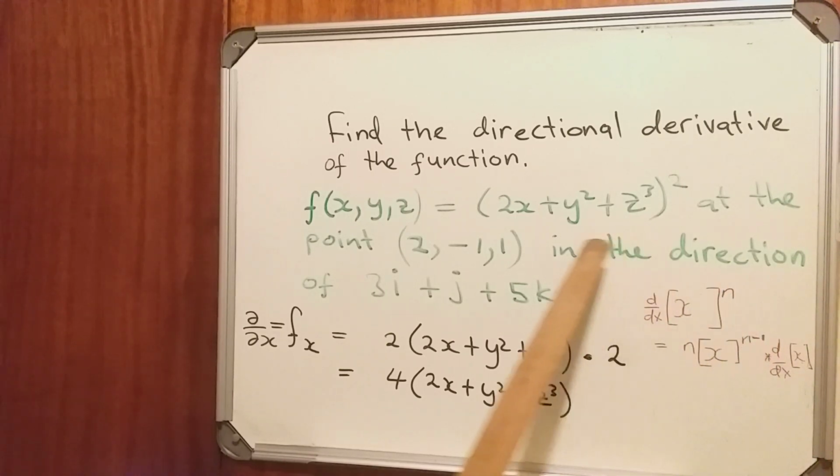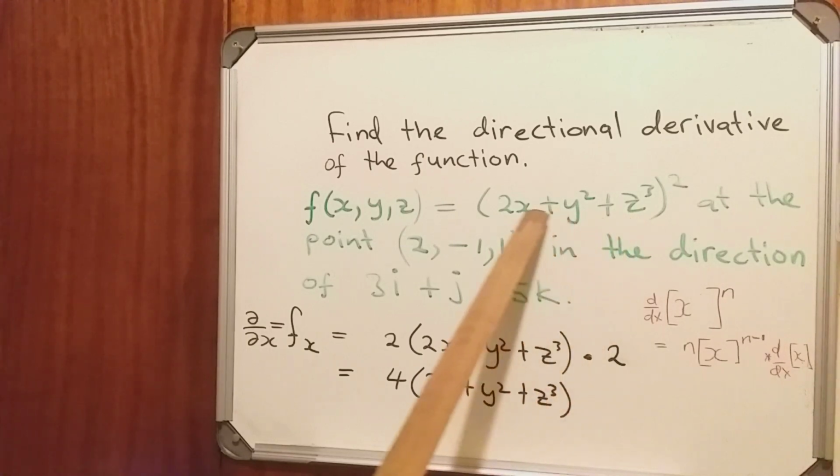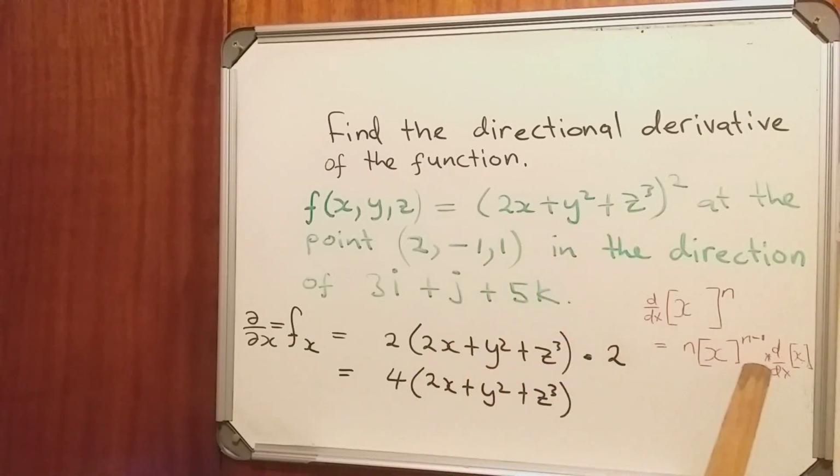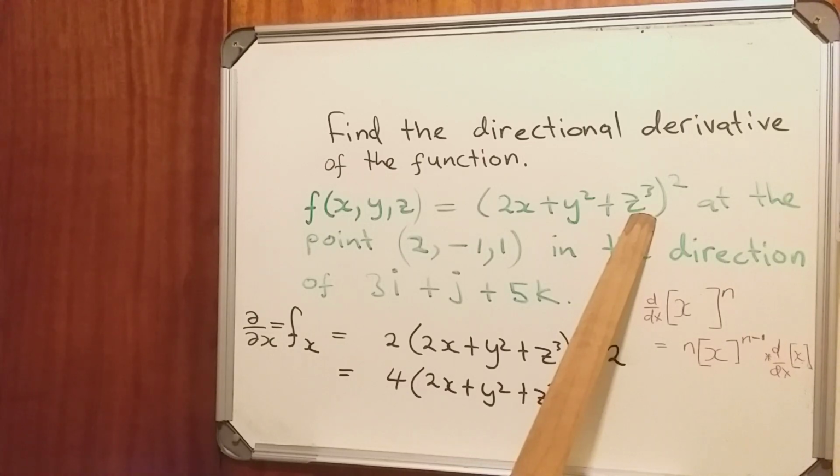Because it's a composite function, we multiply again by the derivative of what is inside the bracket with respect to that variable, either x, y, or z, depending on which partial you want. So we differentiate with respect to x.